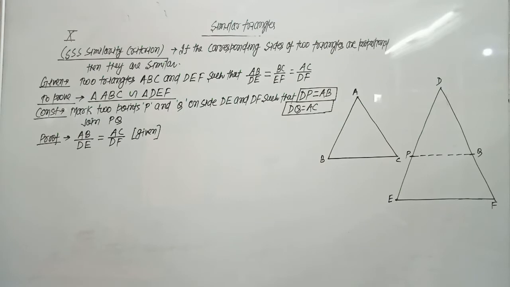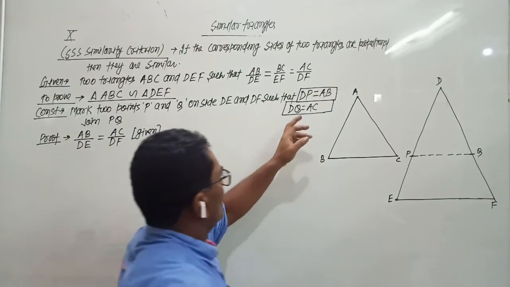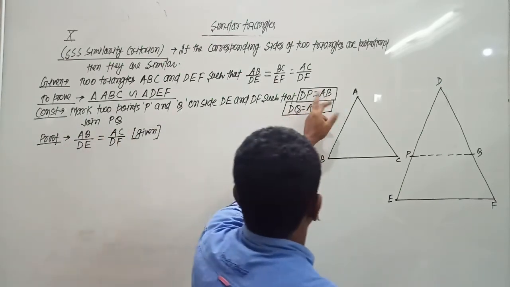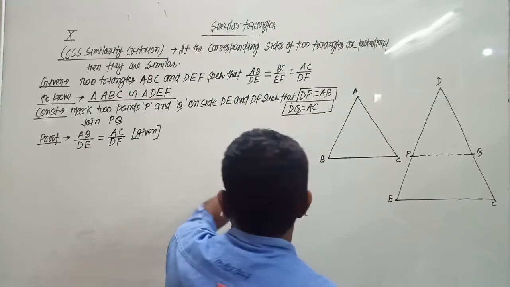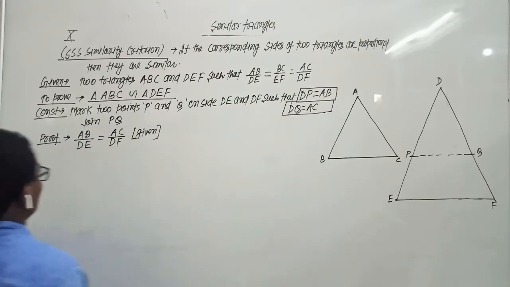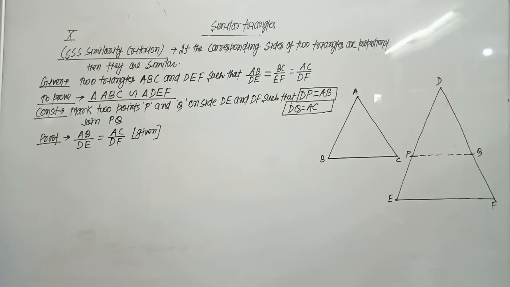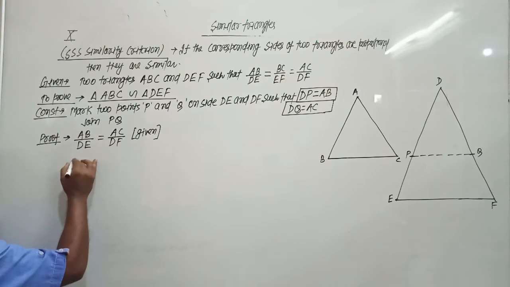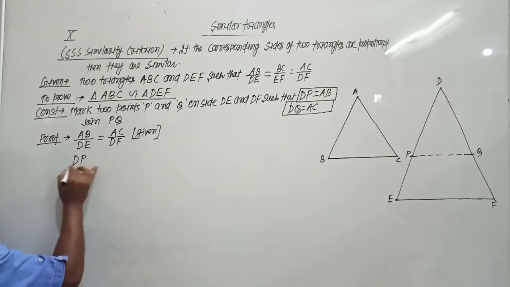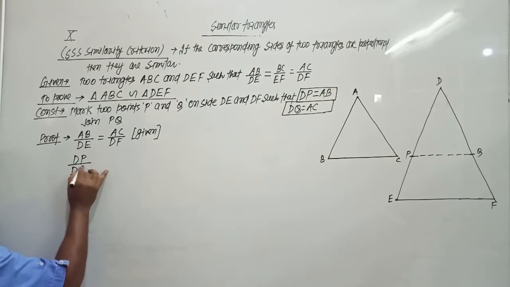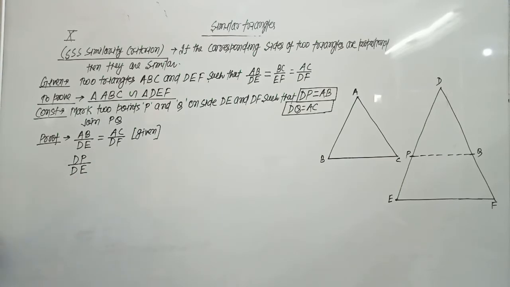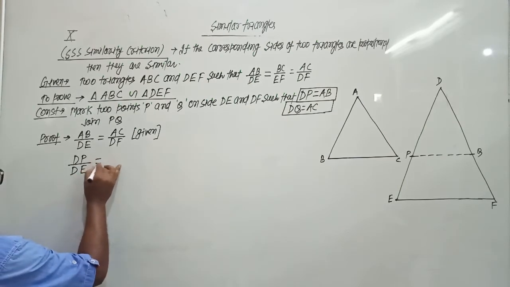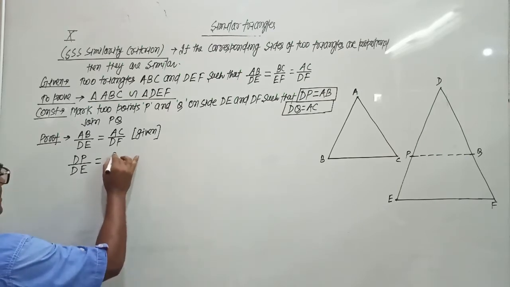Now AB is equal to DP and AC is equal to DQ. So in place of AB we can write DP, and in place of AC we write DQ.